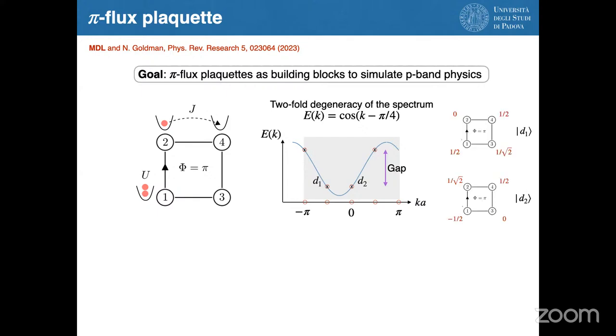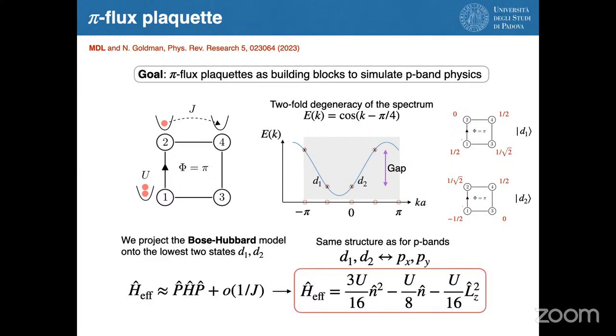Well, since these are Bloch states, the orbitals are extended. They will overlap, and thus they will be coupled by the interaction U. So what we do is we project the Bose-Hubbard model to the lowest two orbitals, D1 and D2, and we obtain for this single plaquette a many-body model, which contains, of course, the density-density interaction, but also the same angular momentum term that we saw before for these two orbitals, D1 and D2.